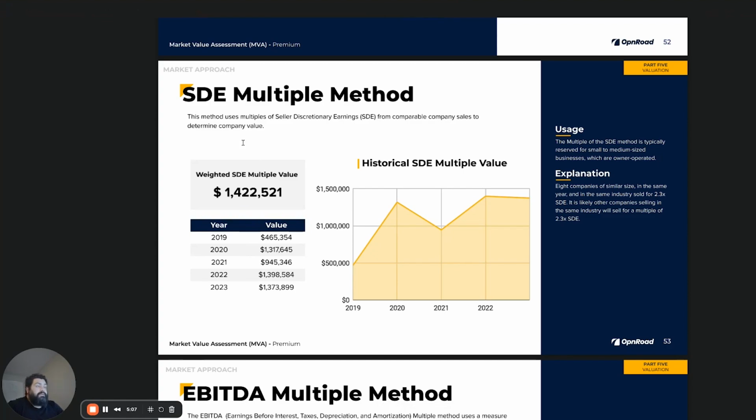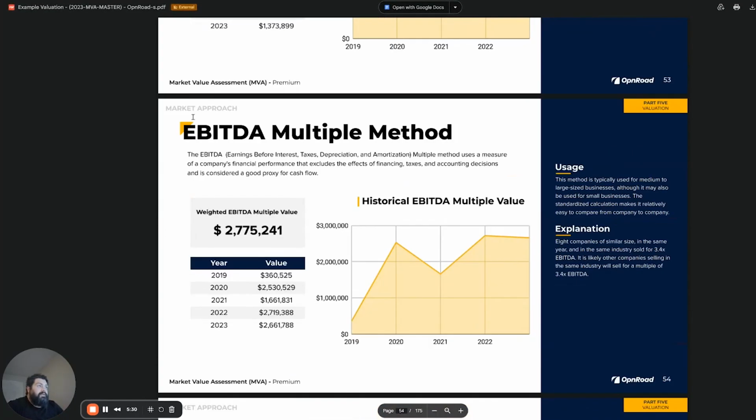There's recasting that goes into each of these, but this accounts for the seller running the business. That's the free cash we use: EBITDA plus the owner's salary. EBITDA is what the free cash would be if you had a manager running the place.